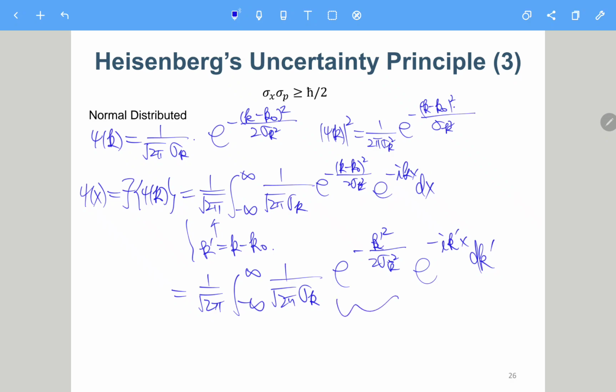So how to calculate this integral is that we could complete the square here.